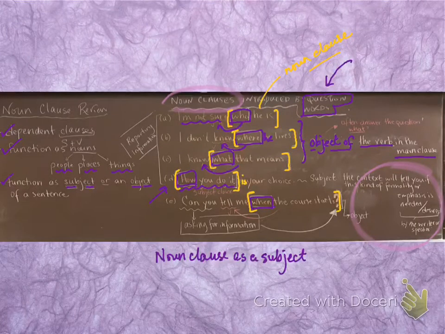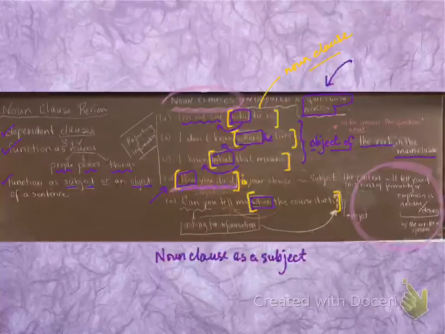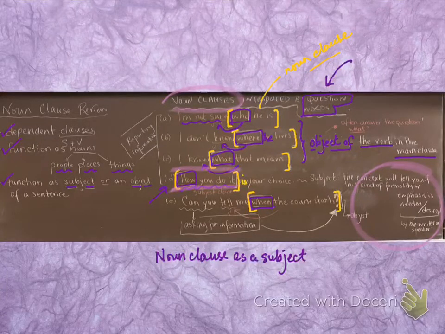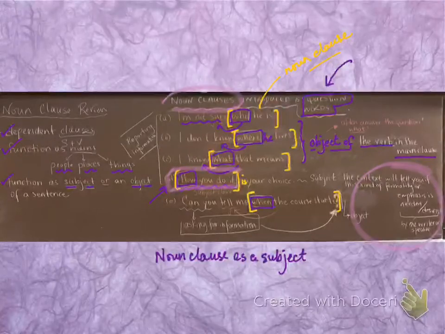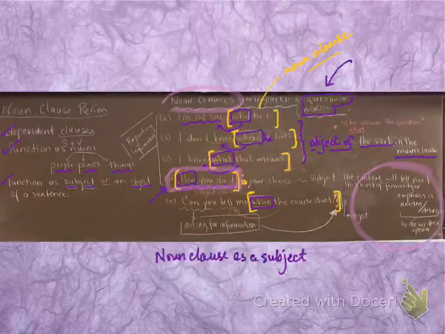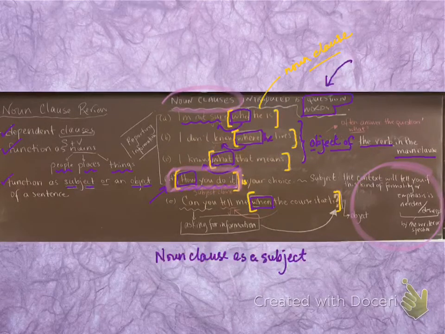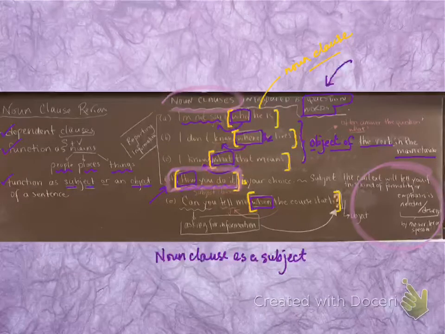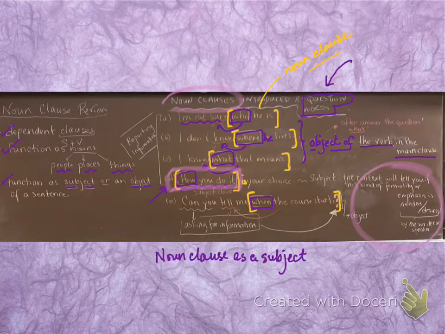So when we start a sentence with a noun clause, it tends to sound a little bit more formal, and you'll see how that works in future examples that we look at, either as part of this video cast or another video cast or in class later on. Okay? But what you need to know is that, for now, that noun clauses can start sentences.